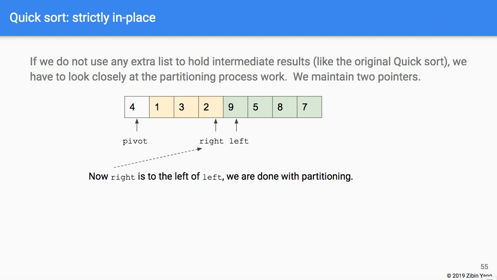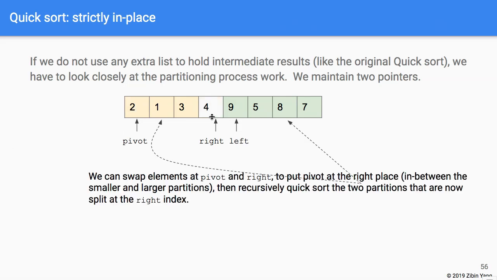So we swap 4 with 2 in this case. And what that does is put the pivot in the right place between the smaller partition and the larger partition. And then now we can recursively call quicksort on the smaller partition and quicksort on the larger partition.